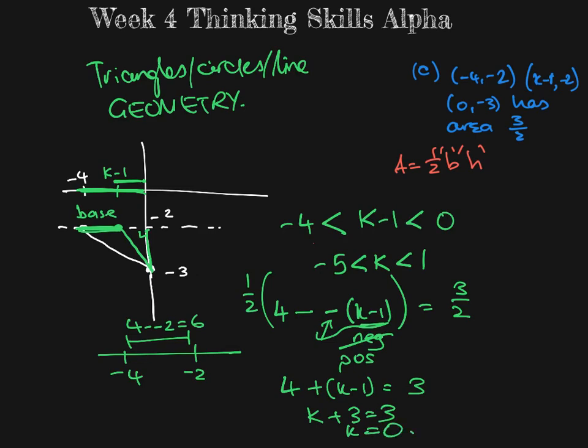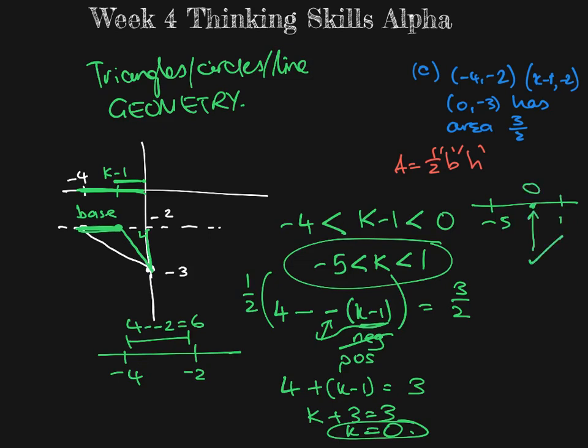Oh no, that is working. k could be 0, because 0 is between -5 and 1. -5 there, 1 there, here's 0, that works. So one possibility is 0, and one possibility is -6. I'm just going to check those so that you can see that I'm not making it up.